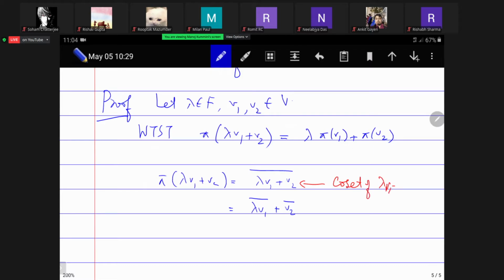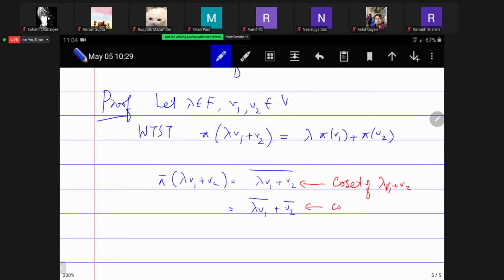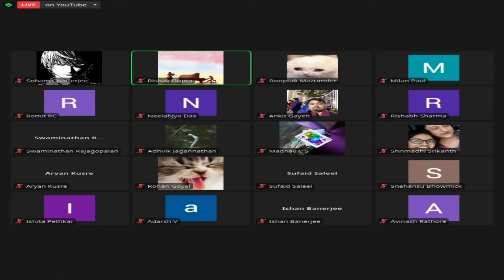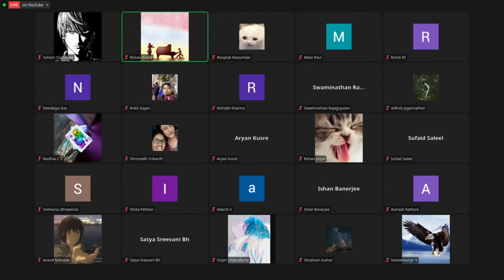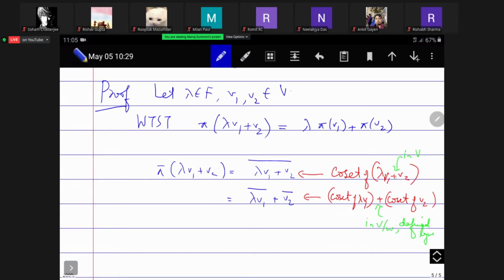Here it means the coset of lambda V1, and the addition inside V is given to us.